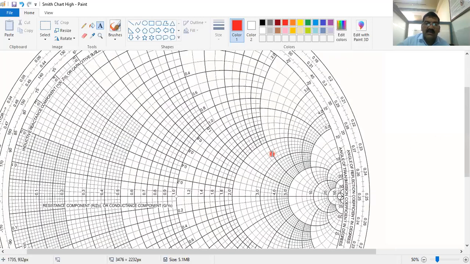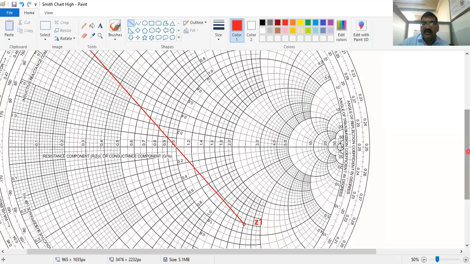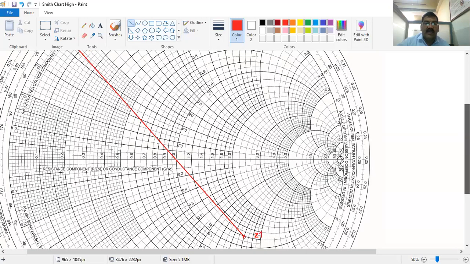You can just draw a line. Take a straight line on your paper Smith chart if you are doing it. From this point you can draw a simple straight line, and this line should pass through the origin, that is the 1. You can take a straight line and it should extend to the outside.